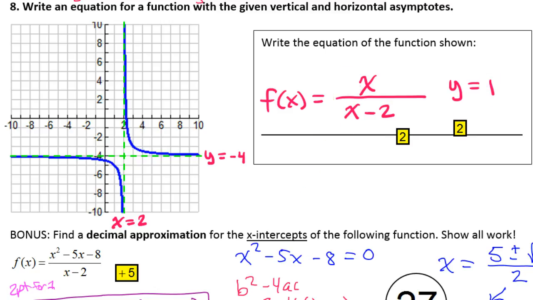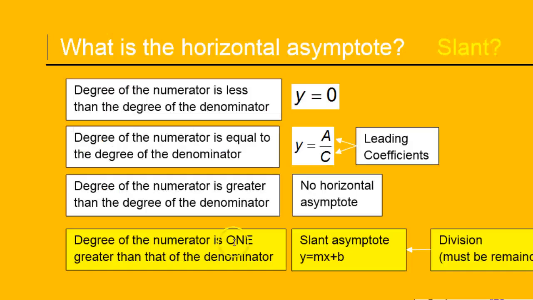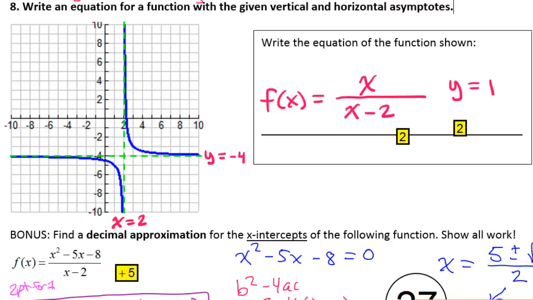Because when the degrees are equal, you do the leading coefficient over leading coefficient, and right now that's 1 over 1. Now we want the horizontal asymptote to be negative 4. So if we put a negative 4 in front of this, then all of a sudden we have a horizontal asymptote of y equals negative 4.